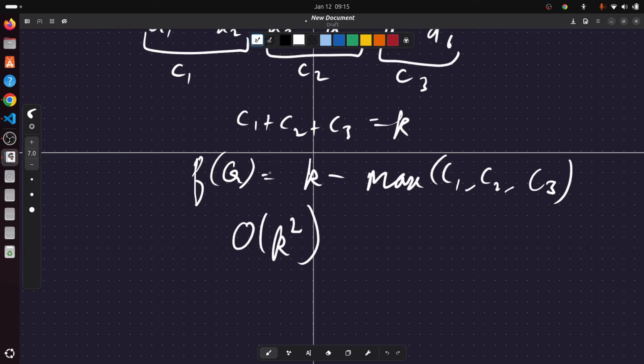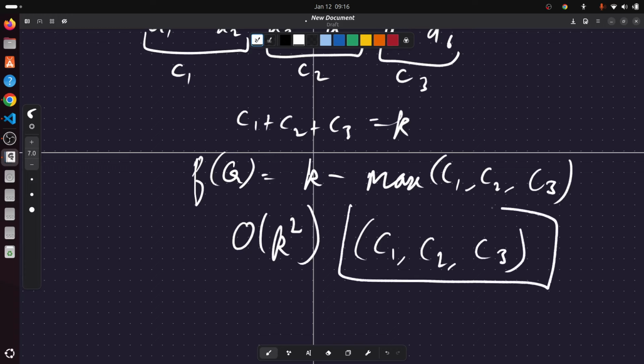So in O of K square, I can iterate over all the possibilities for this triplet C1, C2, C3, and I can find the value of f as K minus max of this.